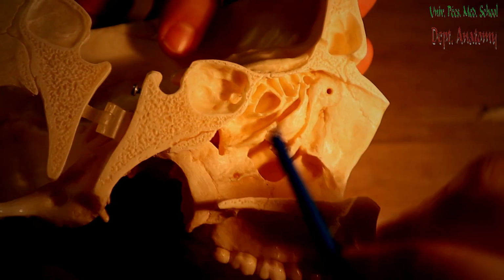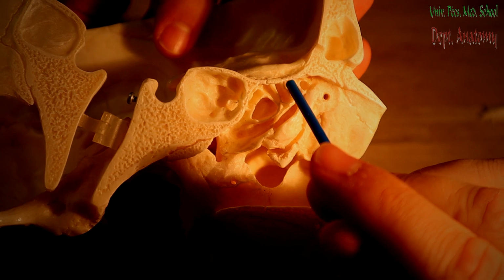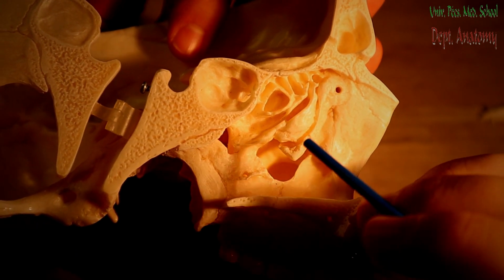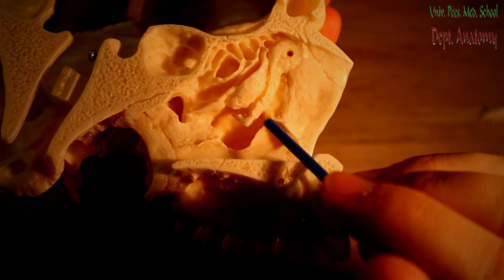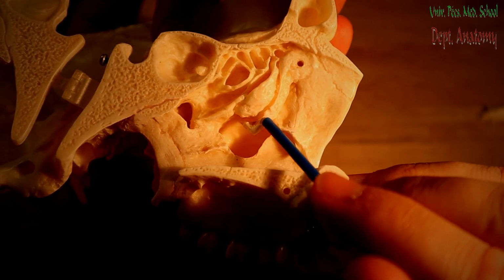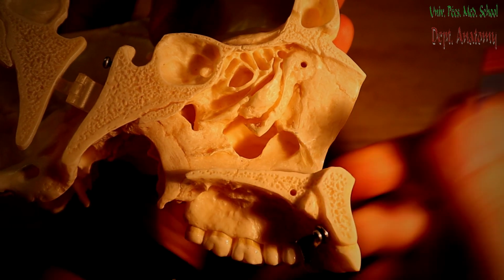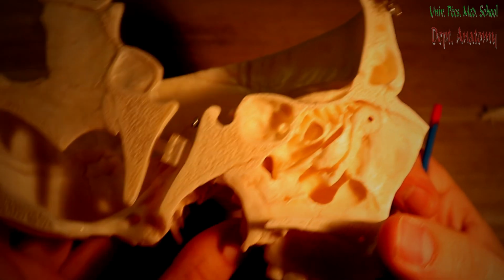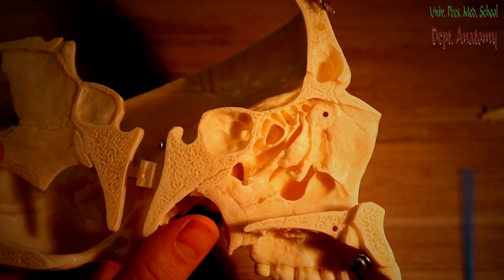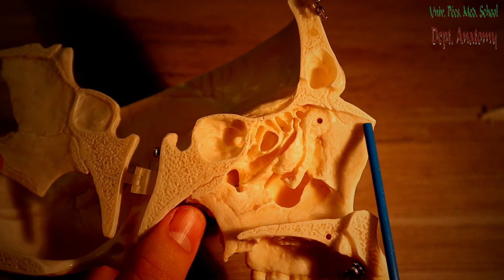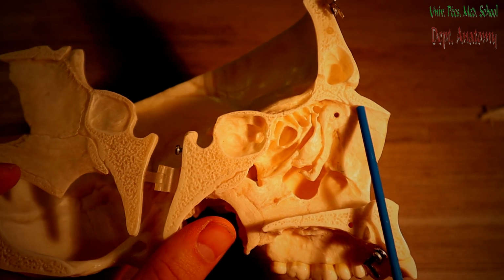So this is the ethmoidal labyrinth together. The biggest cell is the bulla, and in front of this you can see here the uncinate process.